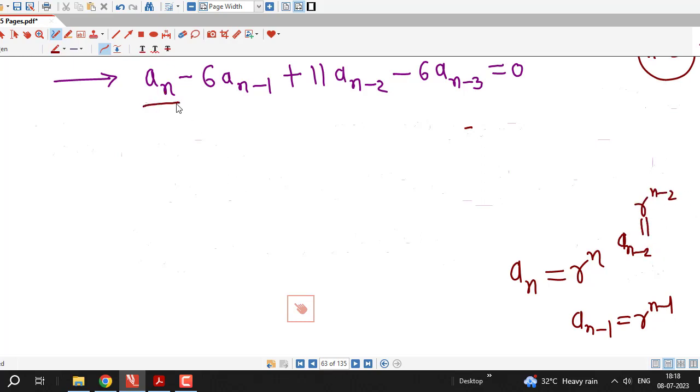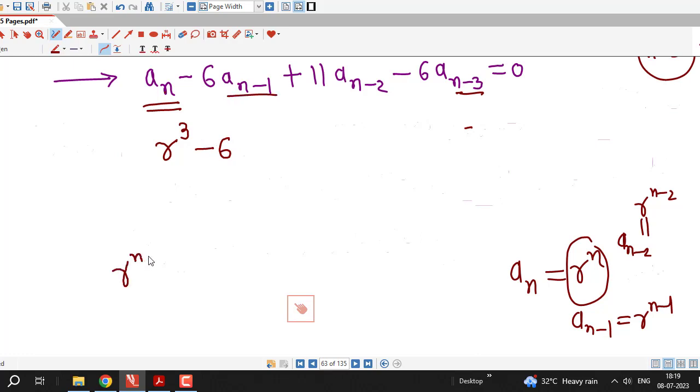I am replacing an by r raised to n, and n is replaced by the degree of the recurrence relation. So the degree is 3, and here I have n, so I will write r cube minus 6.